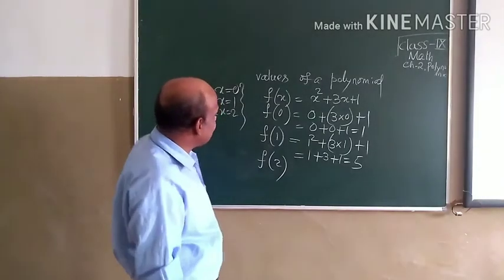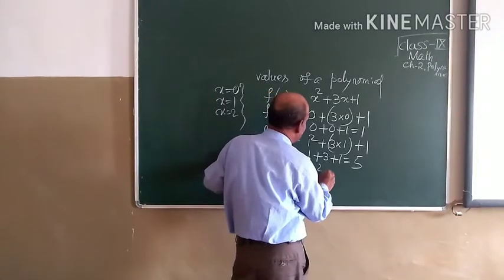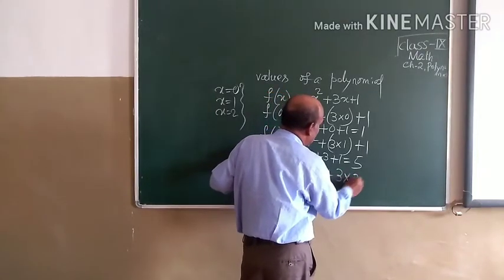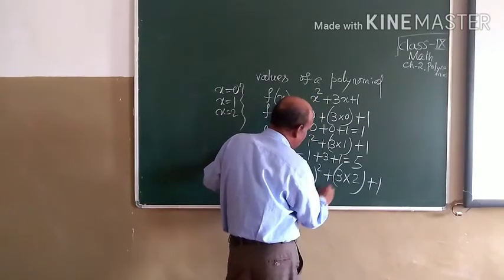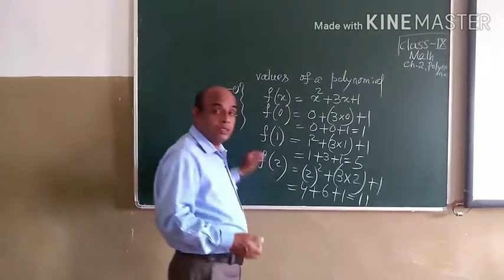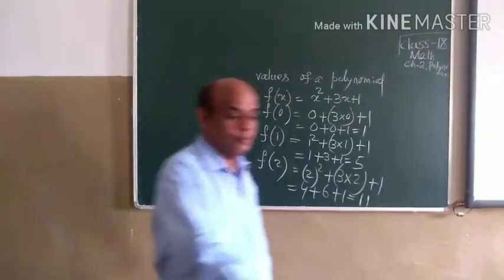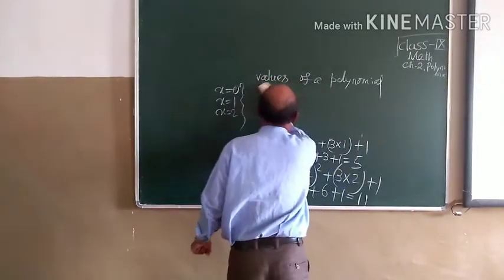So what will you write? The square of 2 plus 3 into 2 plus 1, that is equal to 4 plus 6 plus 1, that is equal to 11. Like this way, you have to find out the value of the polynomials.